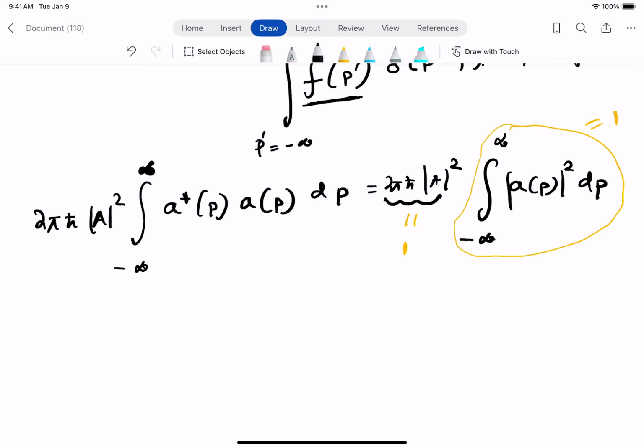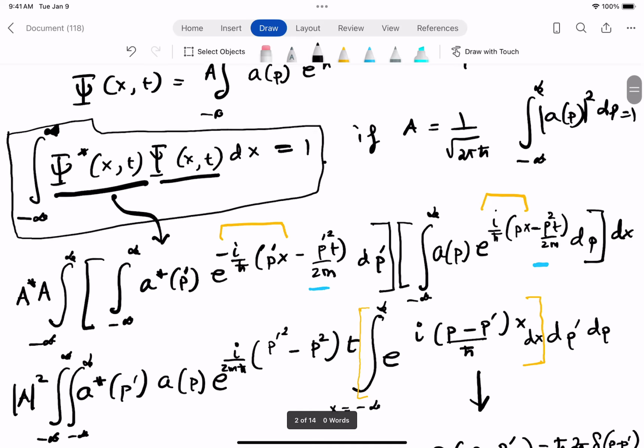In order for this to be equal to 1, I need the absolute value of a squared to equal 1 over 2 pi h bar, or in other words, a is equal to 1 over the square root of 2 pi h bar. Okay, then the whole thing will be normalizable.